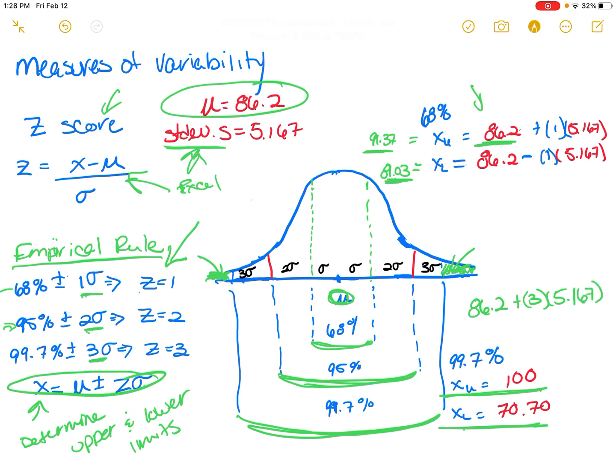It gives me more than 100, but for the purposes of a course, you can't score more than 100. So it tops out at 100, and then the 86.2 minus 3 times 5.167, right? And that would give me the 70.7.